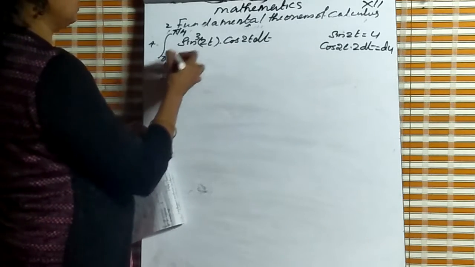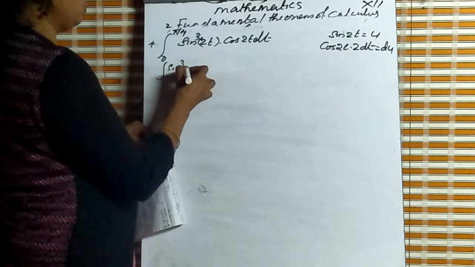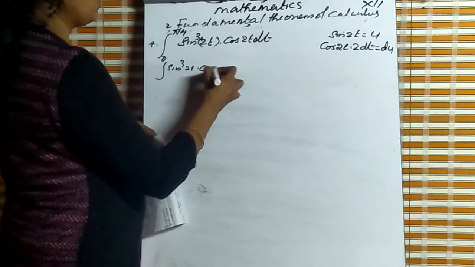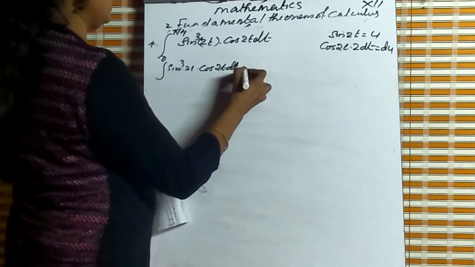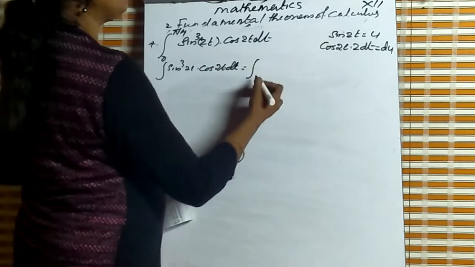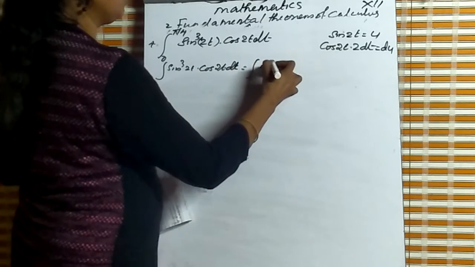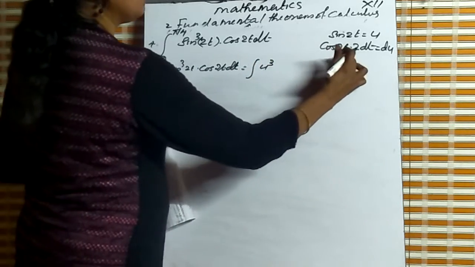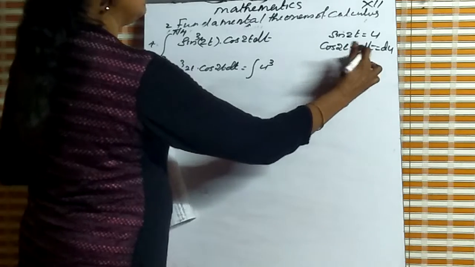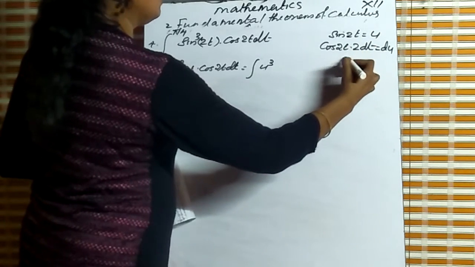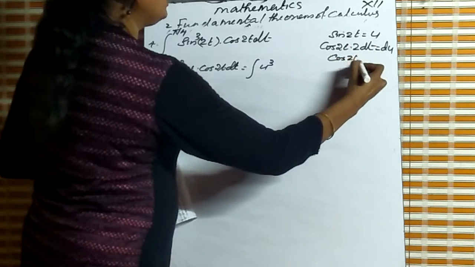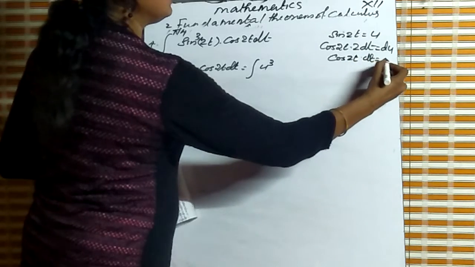Integral sin cube 2t into cos 2t dt, where sin 2t is u. So sin cube 2t is u cube into cos 2t into dt.